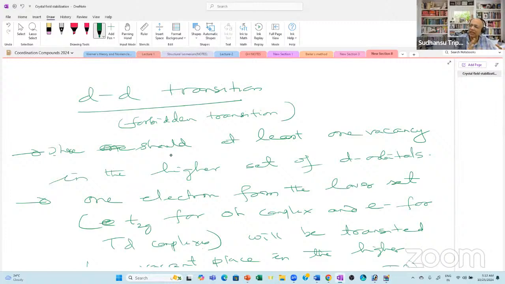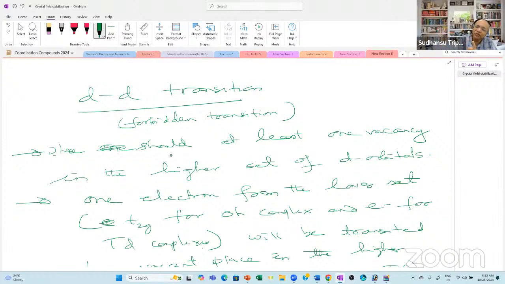In most tetrahedral and high spin complexes, spin allowedness is there. So if one of them is anticlockwise, it will go straight to anticlockwise to pair with the other one. But if all are in the same direction and this will go, that will be spin forbidden. It has to flip. Flipping means del S is not equal to 0. So spin wise, it is forbidden.